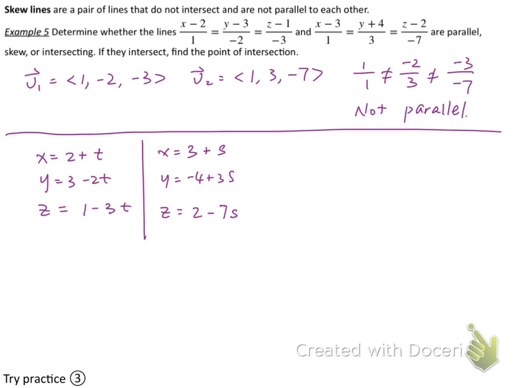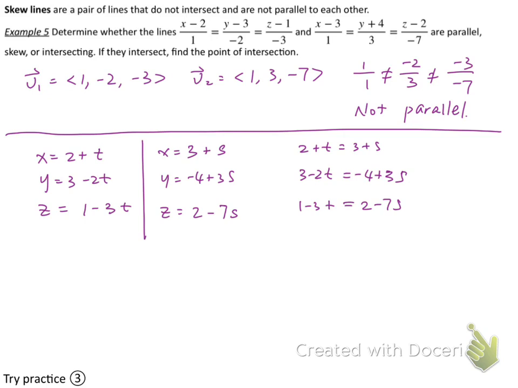If the two lines meet each other, there will be values x, y, and z to make all these equations true, which means in particular the x coordinates agree, the y coordinates agree, and 1 minus 3t equals 2 minus 7s.